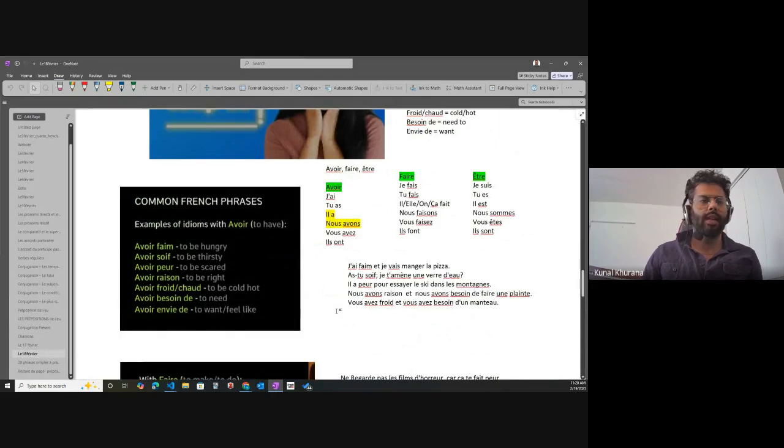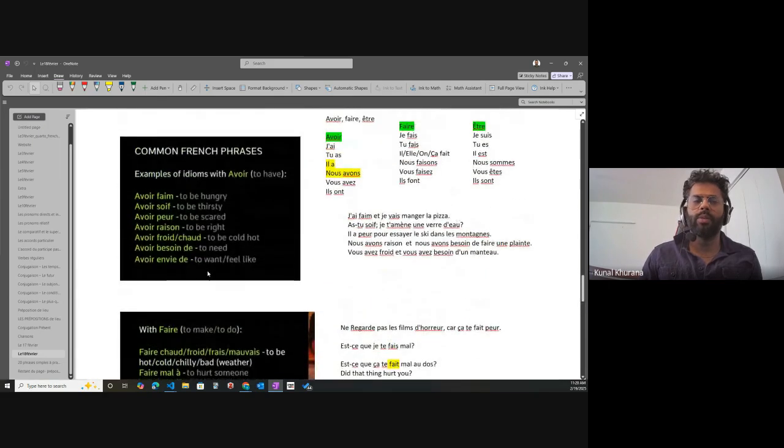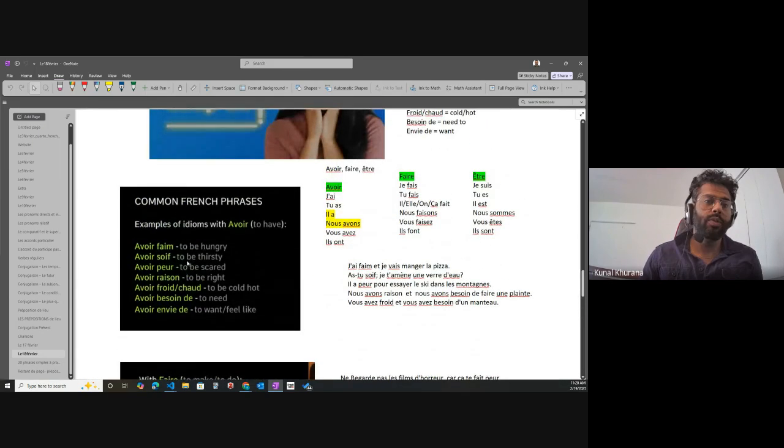So yesterday we were here, and so now that we know, there are some expressions that we need to learn that are very useful to say simple things in French. So please keep in mind that these specific ones, pas, soir, par, raison, foi, chaud, besoin de, envie de, we use avoir to say that. Okay.